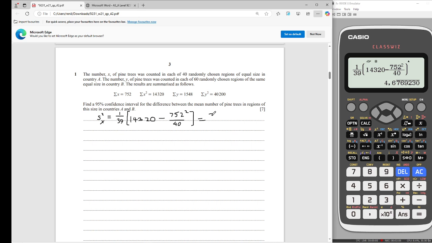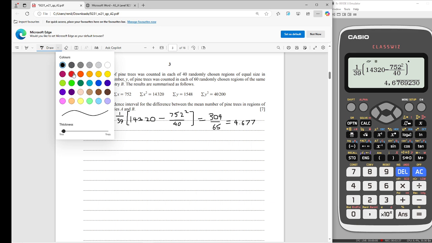So we have here 304 over 65, which is the same as 4.677. Let's keep it to 4 significant figures. Now let's find s² of y.